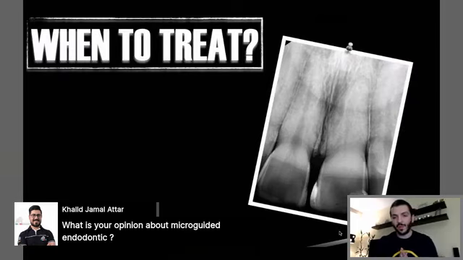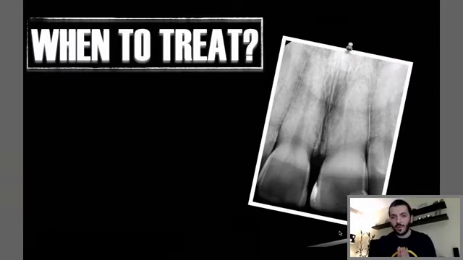Maybe the problem with calcified teeth is only located in the coronal or a little bit in the coronal middle part of the canal. And with very high magnification, with precise ultrasonic tips, we can remove such calcification and start negotiating the canal. Because maybe at the end of the treatment, you will feel that you caught the canal and did the root canal treatment without any problem.